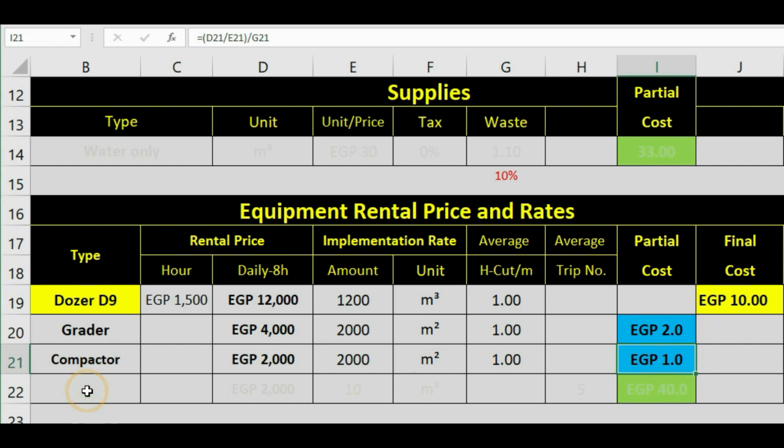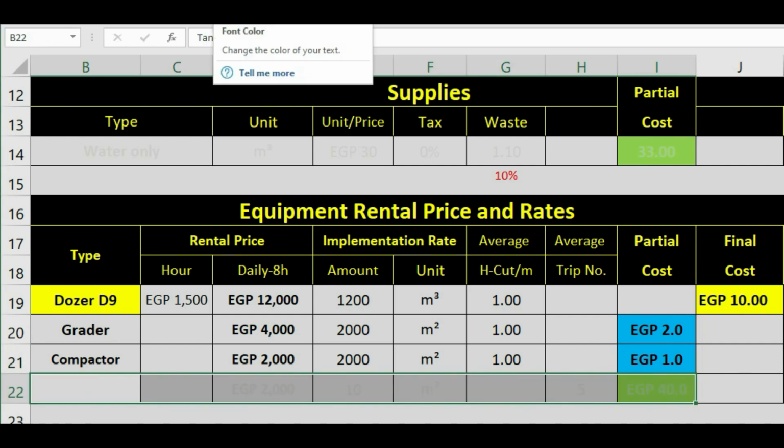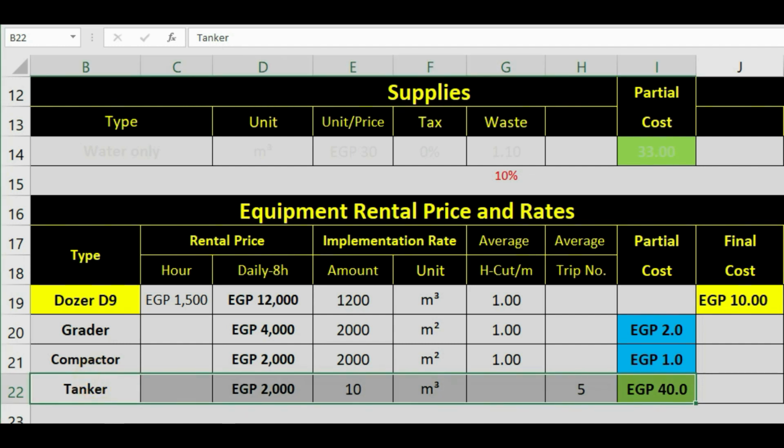We also need to know the cost of water transportation by tanker. Consider the daily rent of the tanker carrying water from its source, and the capacity of this tanker is 10 cubic meters.